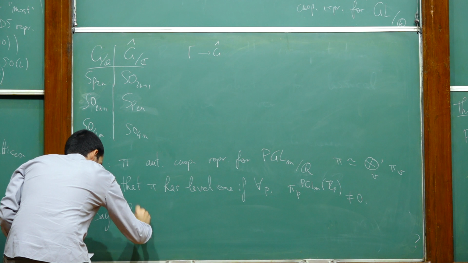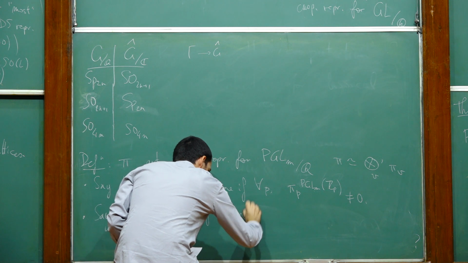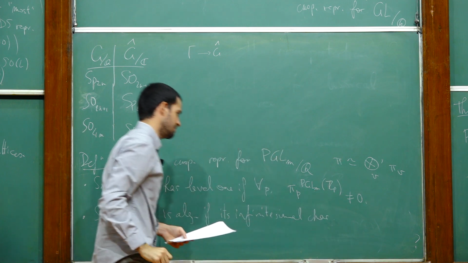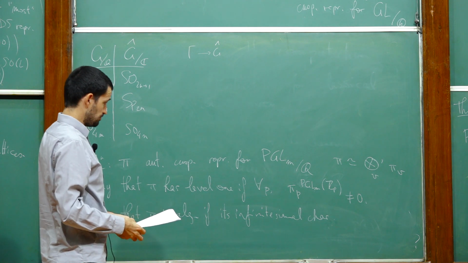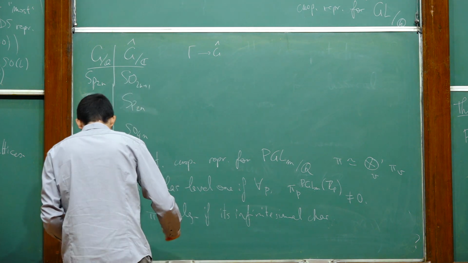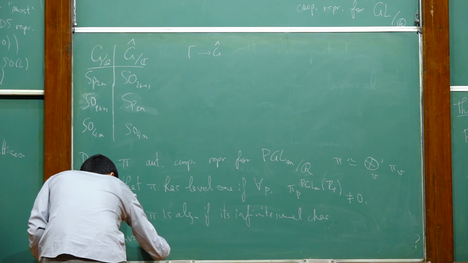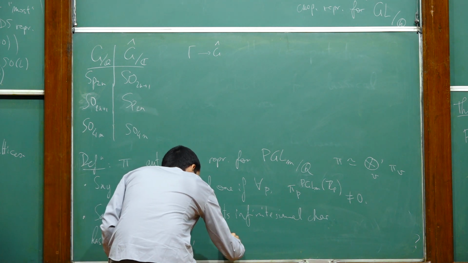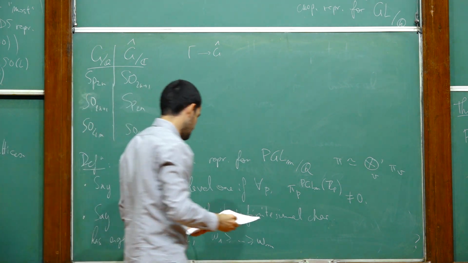And we say that pi is algebraic if its infinitesimal character, defined by the Harish-Chandra isomorphism, so it's some semisimple conjugacy class in the Lie algebra sl_M over C, has all of its eigenvalues which are half integers, say w_1, ..., w_M like this.